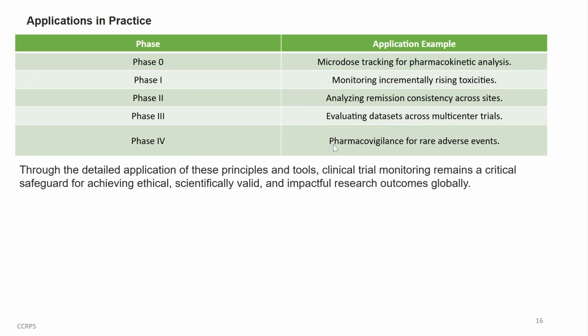And phase 4, pharmacovigilance, PV, for rare adverse events, as it is post-marketing surveillance. Through the detailed application of these principles and tools, clinical trial monitoring remains a critical safeguard for achieving ethical, scientifically valid, and impactful research outcomes globally.